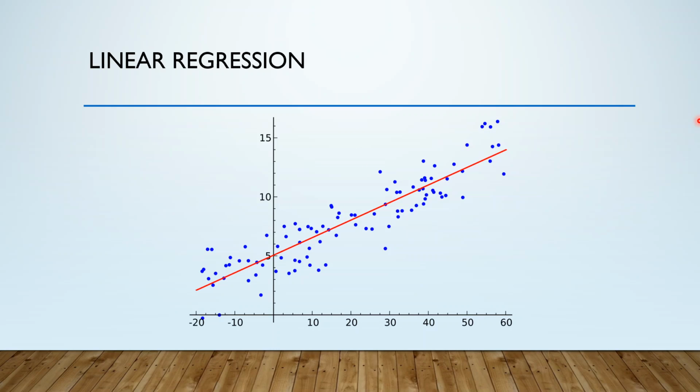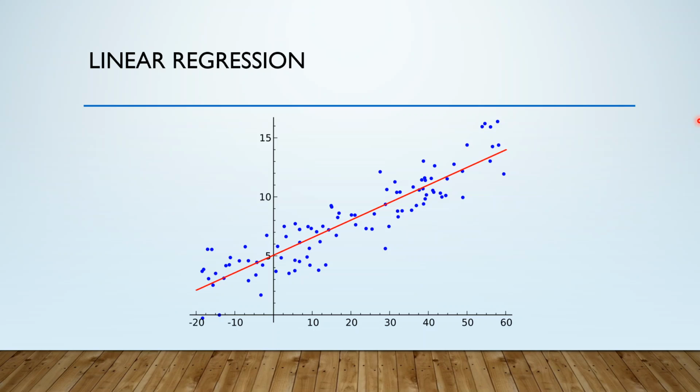So let us take the very simple regression model, that is the linear regression, the equation of the straight line. Each of these blue dots is a value that is given to you.